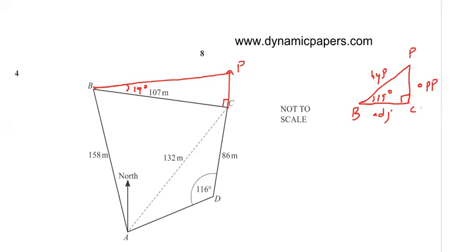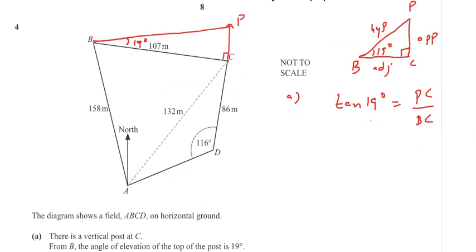So I have this one. This is 107. So I can say opposite over adjacent. It is tangent. So tangent of 19 degrees for part A will be equal to PC over BC. I need to find PC.